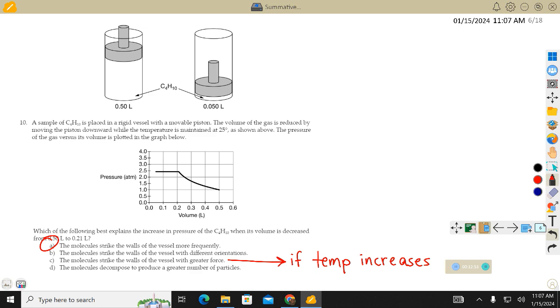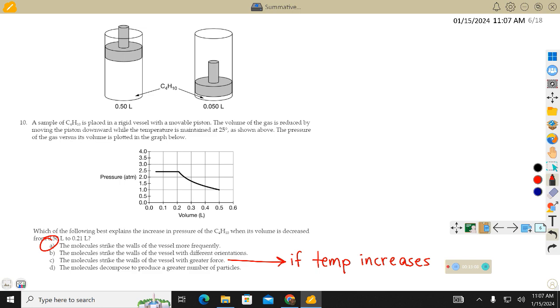The best choice is A. So it's a closed container. I've got the same number of particles, but I'm squeezing those particles into a smaller space. There's just going to be more collisions in that smaller space. The particles will collide more frequently.